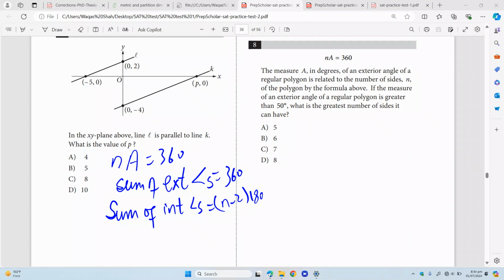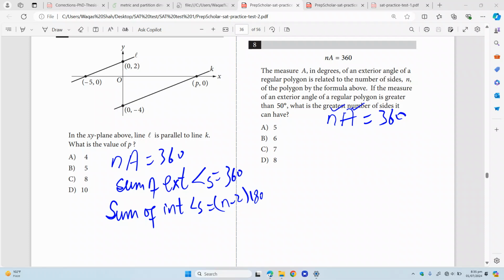So over here they are talking about exterior angles. If the measure of an exterior angle of a regular polygon is greater than 50, okay, so you can see over here that n times a is equal to 360. We have n as the number of sides of a polygon, okay, and a is the angle.